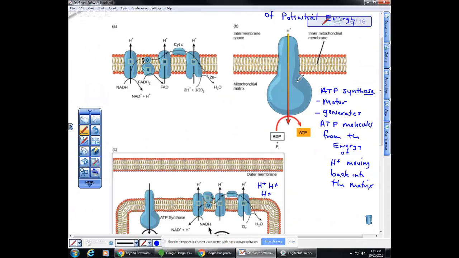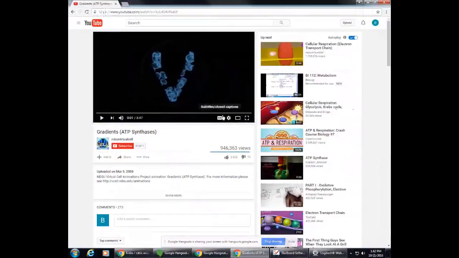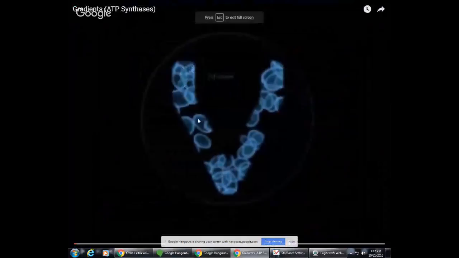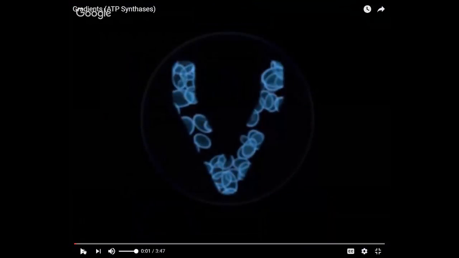It actually turns and produces mechanical energy that can then be used to produce chemical energy. So if we look at my animation here, oh, there it is. Okay, so this is an animation just showing ATP synthase as a motor molecule.